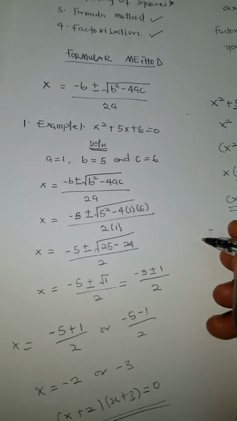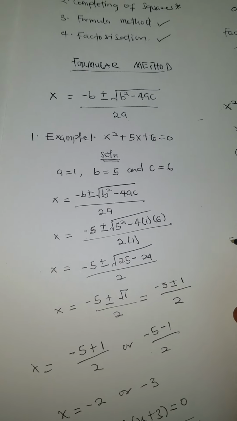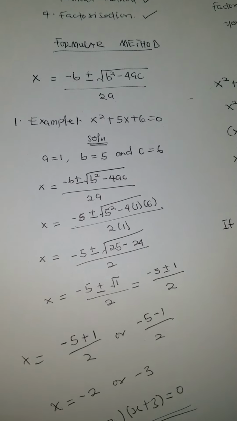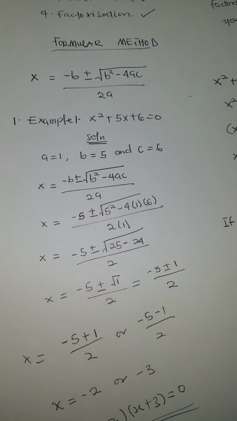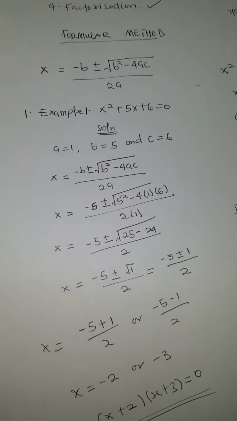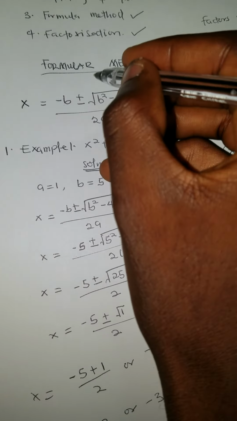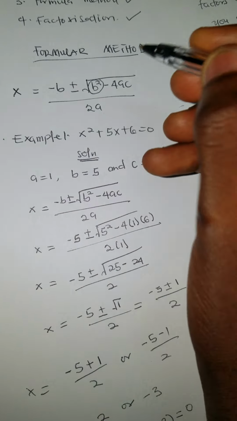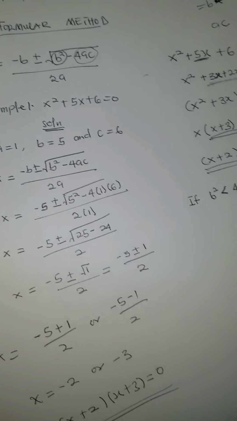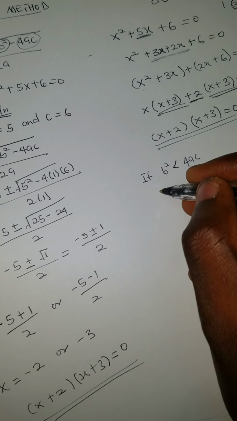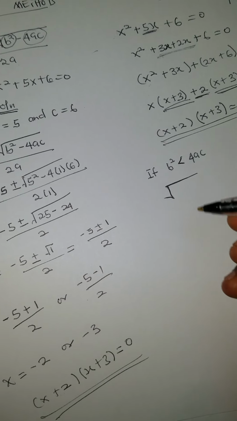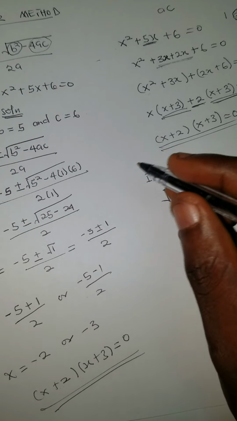In the formula method, if b squared is less than 4ac, then there wouldn't be any solution, because of the root.